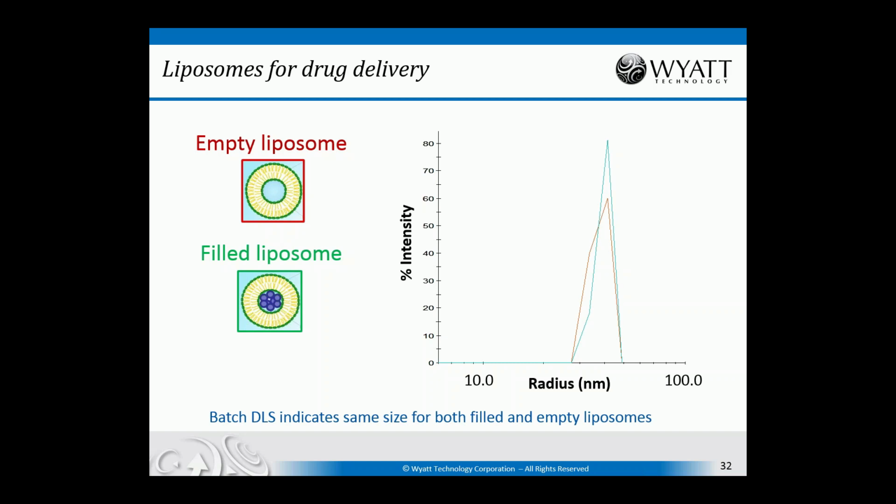The reason is the dynamic light scattering hydrodynamic radius essentially measures the envelope of the particle. The envelope would be the size of the external surface, and for these 2 liposomes, the envelope is the same, regardless of whether they're filled or not. Dynamic light scattering gives essentially the same value. And here this means batch dynamic light scattering, so there's no separation going on. You don't see any difference between them.